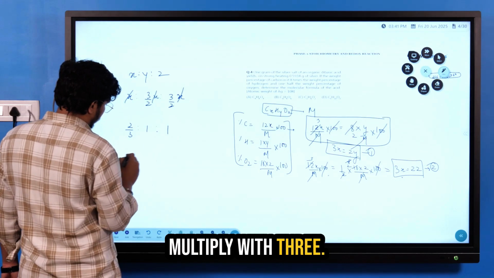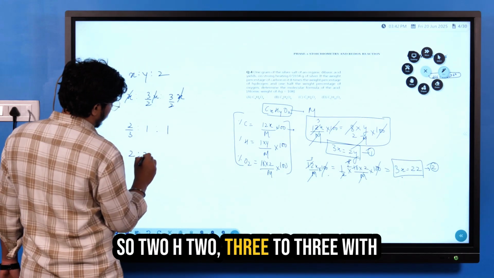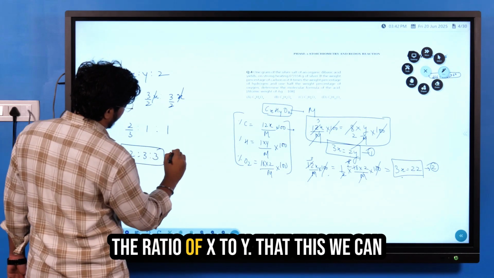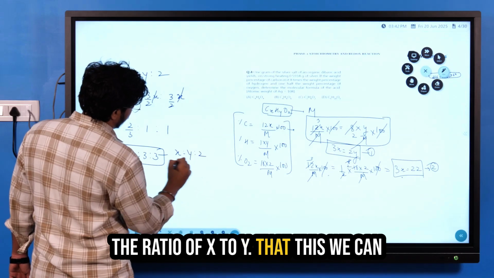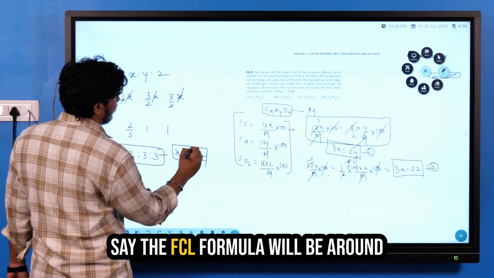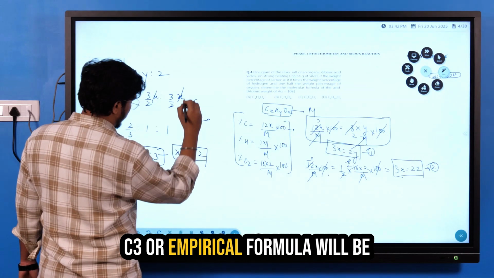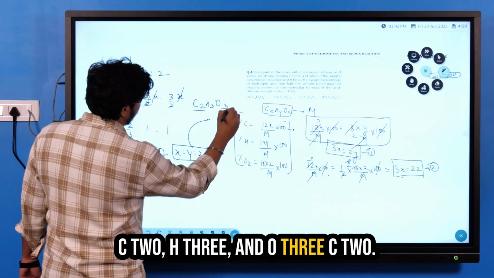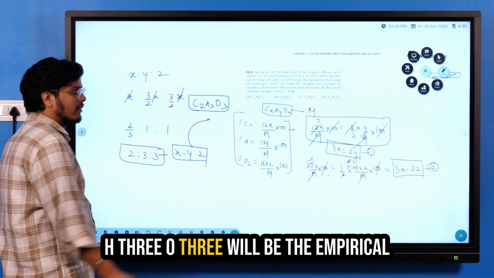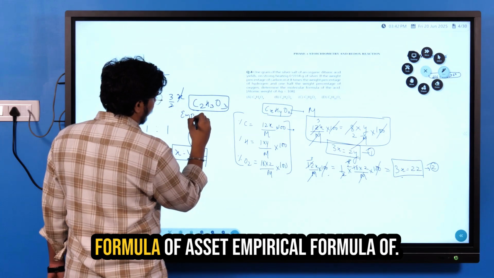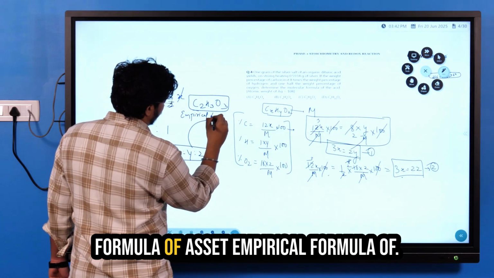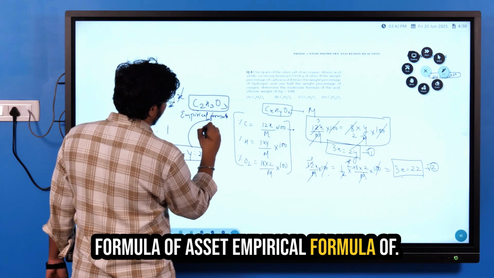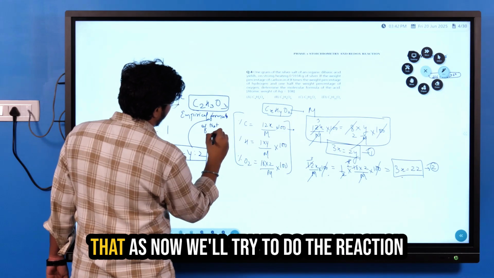Multiply with 3. So 2 is to 3 is to 3 is the ratio of x to y to z. This we can say, the empirical formula will be C2H3O3. C2H3O3 will be the empirical formula of that acid.